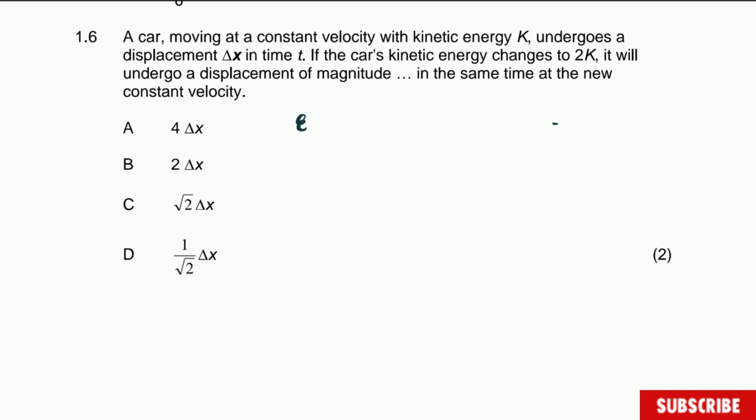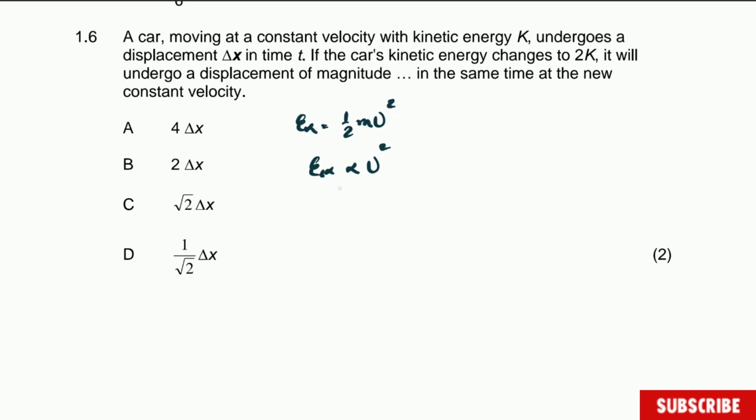Remember that kinetic energy is equal to half mass v squared. In other words, we can say that kinetic energy is directly proportional to v squared. Okay? But now in the new situation, they change the kinetic energy, and the kinetic energy is going to be double. Alright?